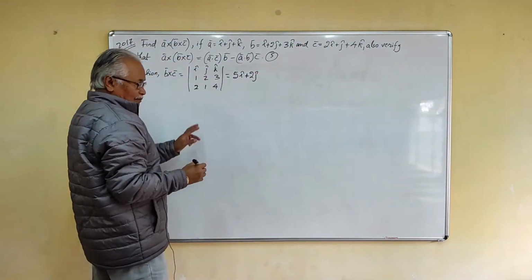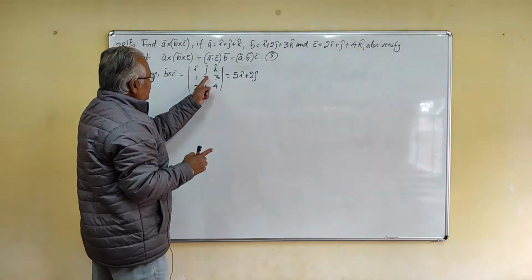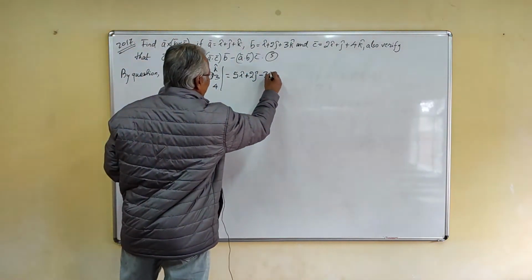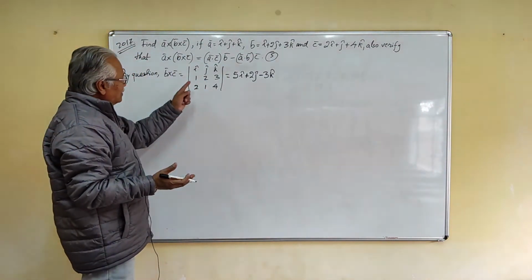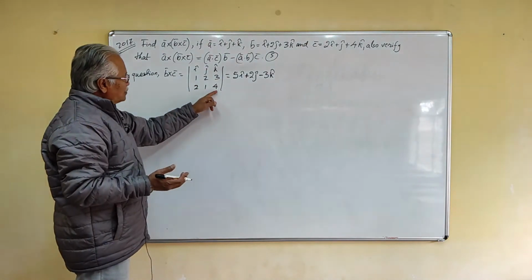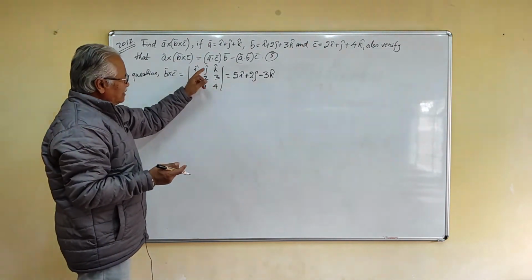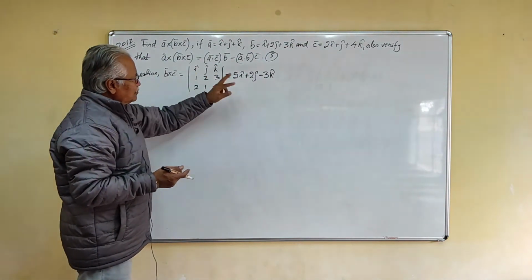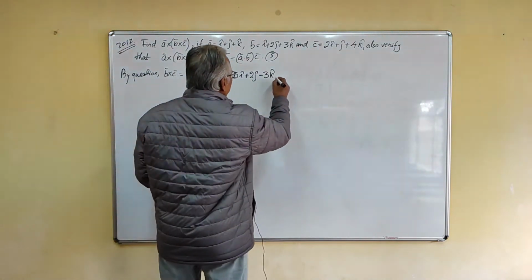And lastly, K times 1 minus 4 will be minus 3K. Check once again: 2 4s are 8 minus 3 is 5. Then 1 4s are 4, 4 minus 6 will be minus 2, and minus will make plus 2. And 1 minus 4 gives you minus 3. Okay, that's the value.